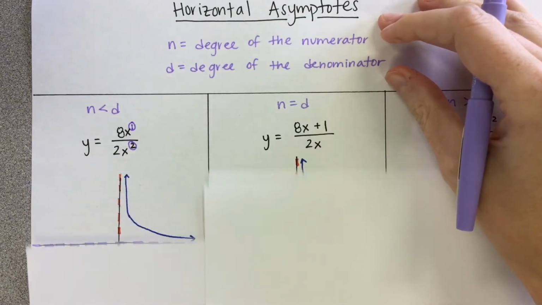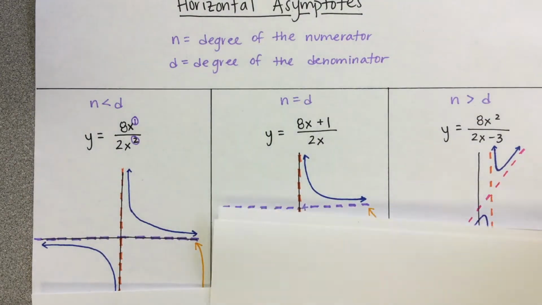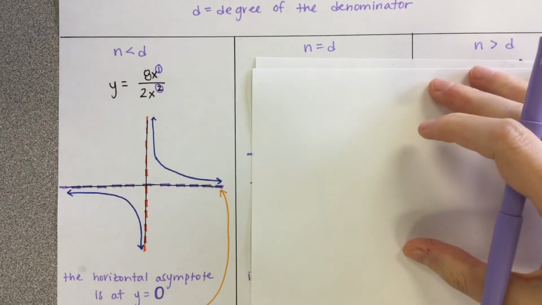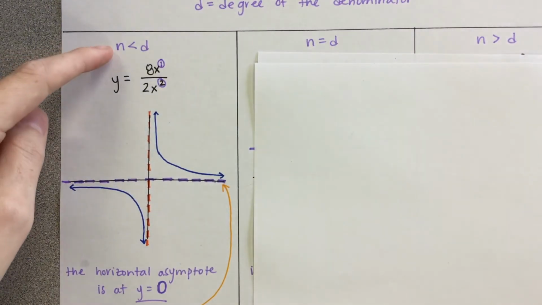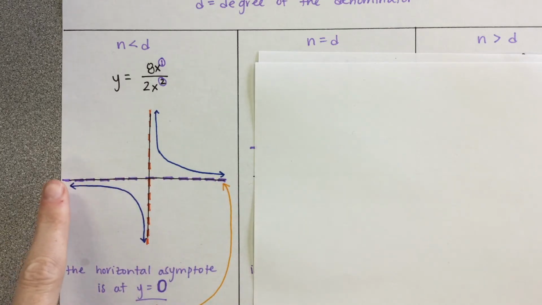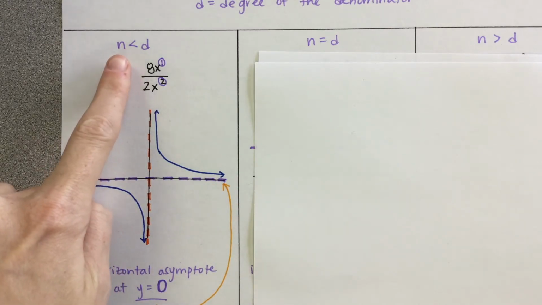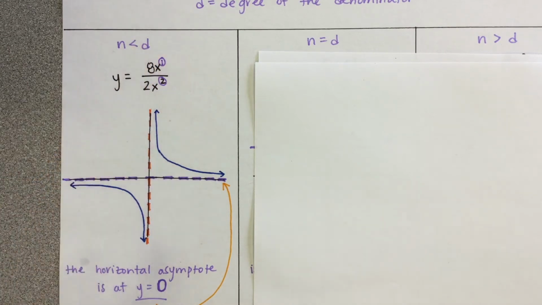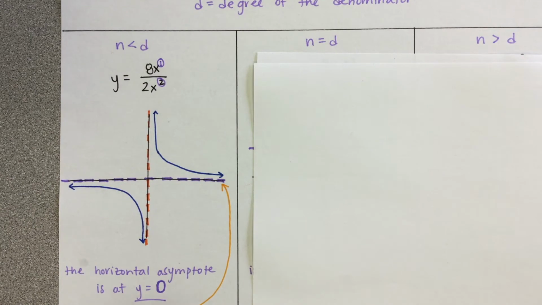And so that graph is going to look like this. If n is less than d, then the graph will have a horizontal asymptote at y equals 0, right there on the x-axis. So anytime you see a rational equation where the degree of the numerator is less than the degree of the denominator, the horizontal asymptote is at y equals 0.